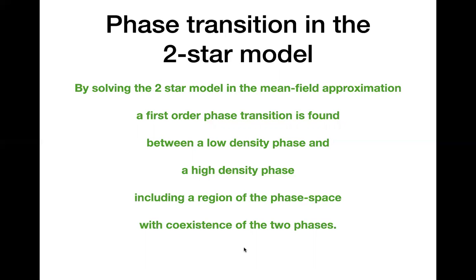So that means that there are some parameter values or some constraints in which you can have two solutions. One solution in which the number of links is high, and one solution in which the number of links is low.